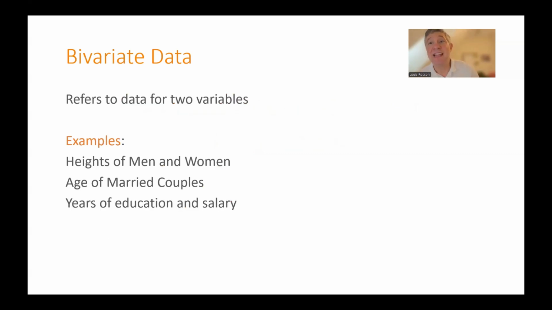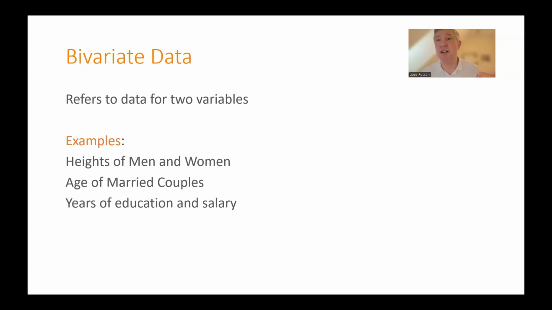In the last module, we talked about ways of describing data using measures of central tendency and variability. Now we're talking about ways to describe when we have bivariate data, or two variables.